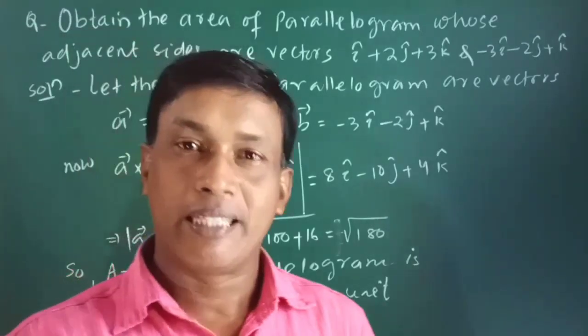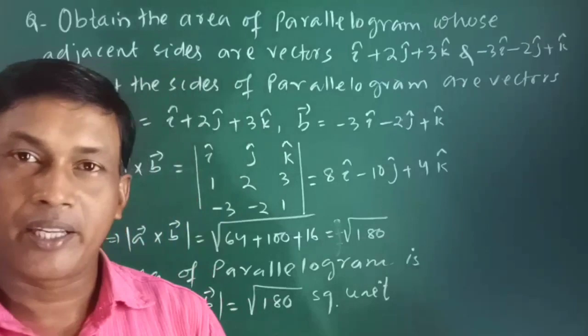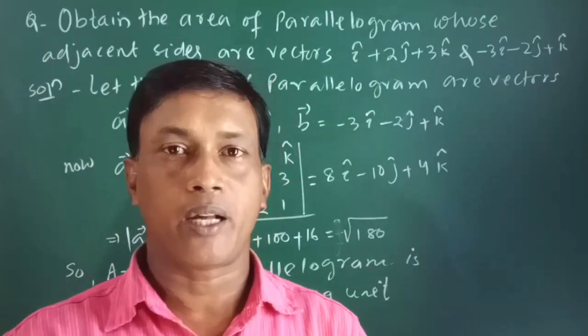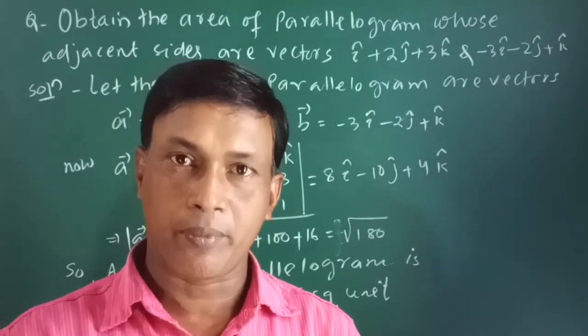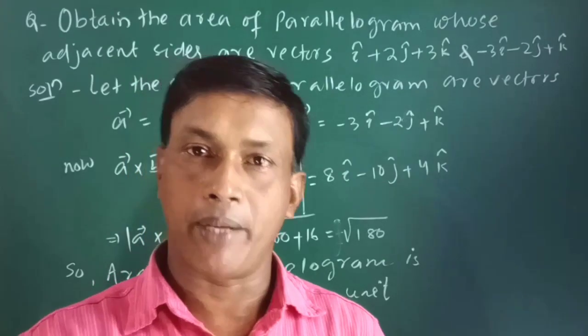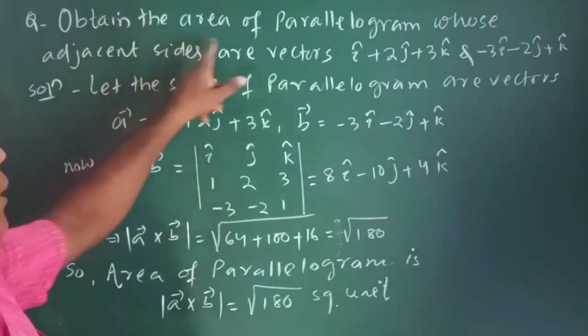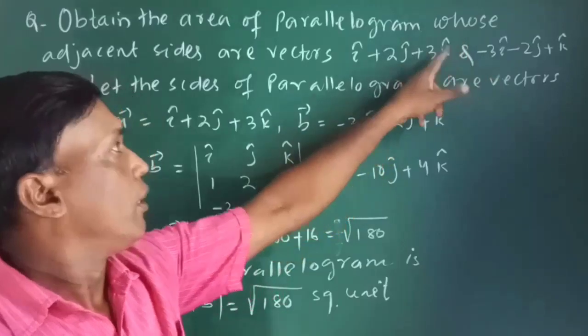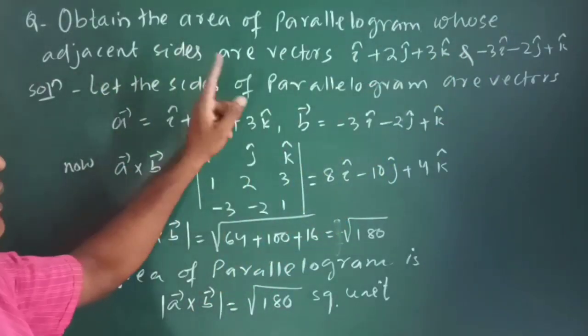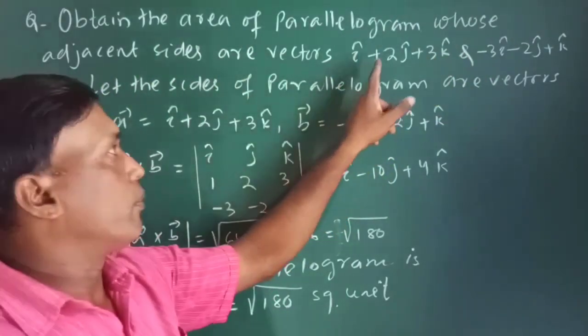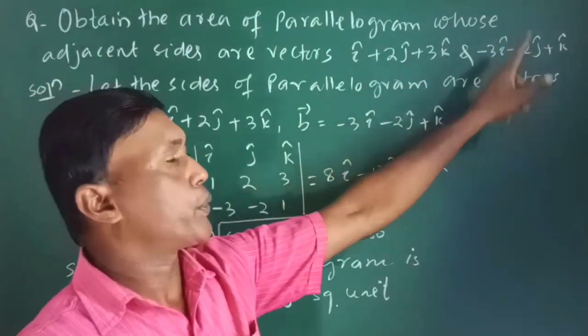Next important but easiest question, to find the area of a parallelogram where the adjacent sides of a parallelogram are given in form of vectors. Look here. Obtain the area of a parallelogram whose adjacent sides are the vectors 1 2 3 and minus 3 minus 2 1.